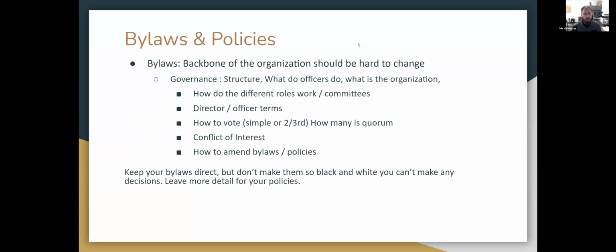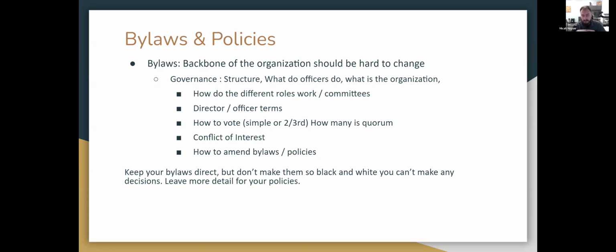So bylaws versus policies. That's always a very interesting one. We've redone our policies here at the Nebraska Prairie Museum. We'll be hopefully ratifying them next week. But it's about 36 pages of policies that we're redoing, and the reason why is because a lot of these just really haven't been visited in a long time. We finally had the time, and that's where the spark of this topic came from, looking at what I've been working on and researching.